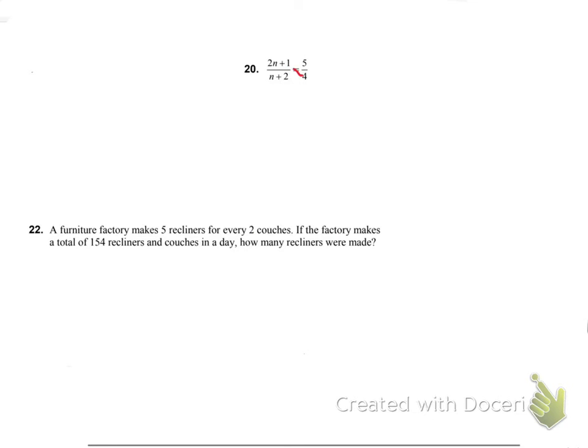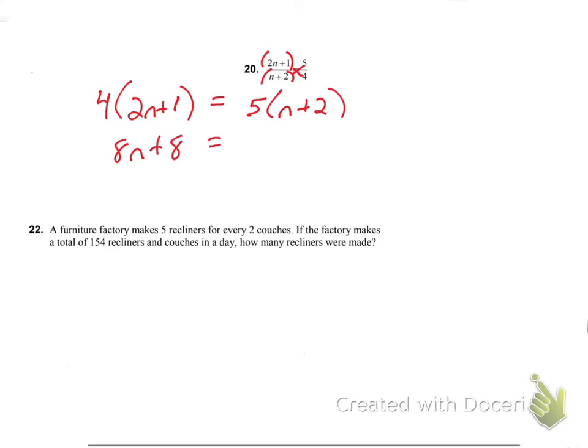All right, so I'm just going to cross multiply. There are parentheses here, parentheses here. So this will be 4 times 2n plus 1 is equal to 5 times n plus 2. So that'll be 8n plus 8 is going to be equal to 5n plus 10.